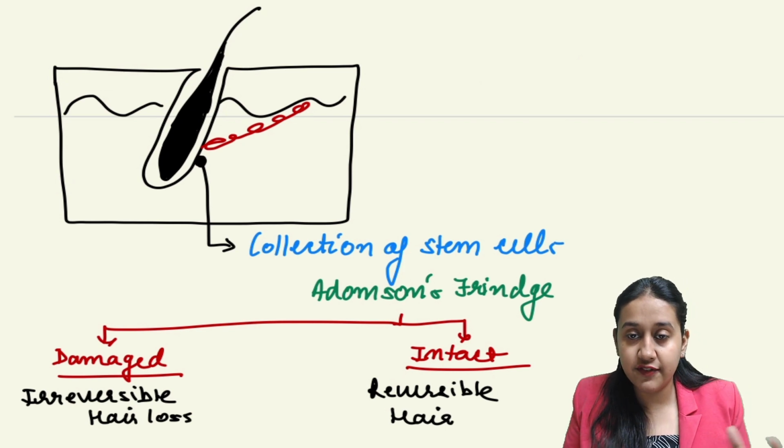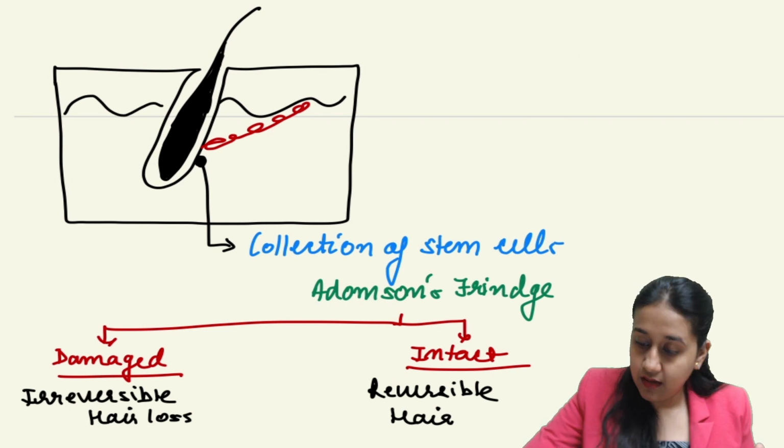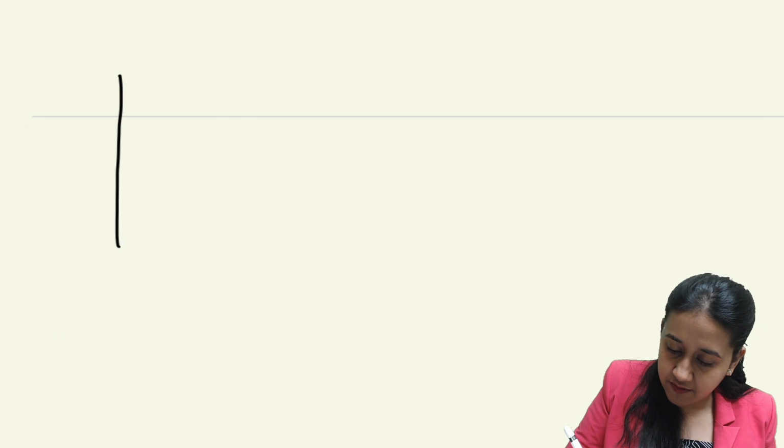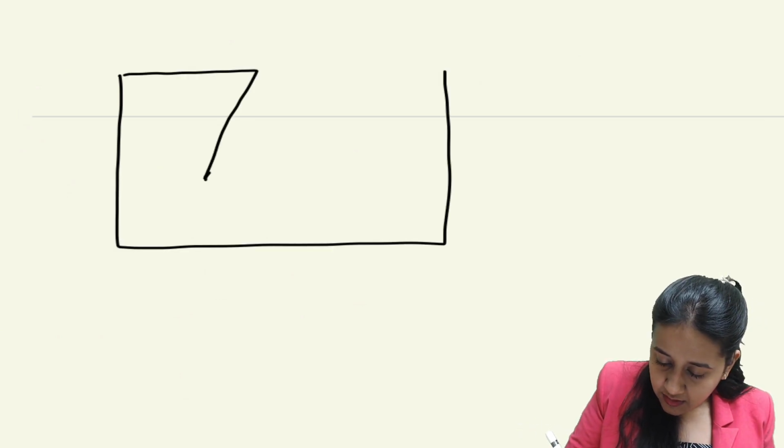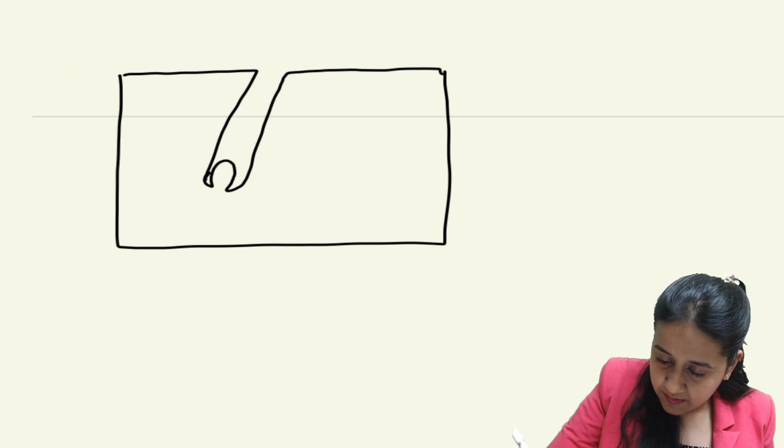One more feature which we have to discuss. We have discussed that at the lower part of the hair, if this is your hair, there is an invagination like this in the lower part of the hair.